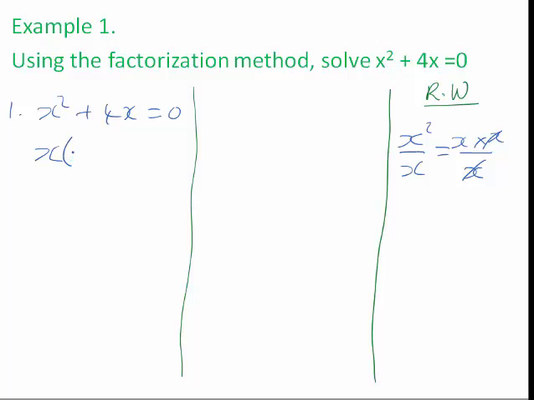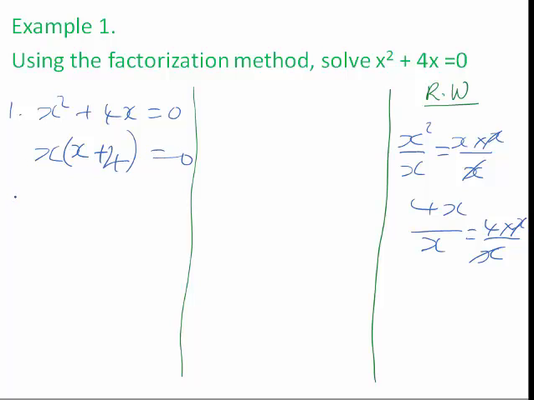So you come here and say x plus, you take the 4x divided by x. 4x is 4 times x divided by x. Then x can go for x, leaving 4. So we have here 4, then is equal to 0.